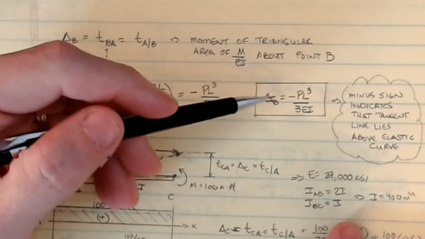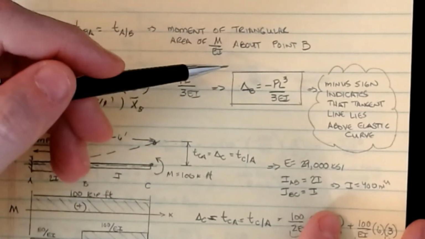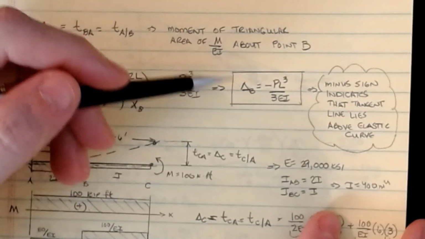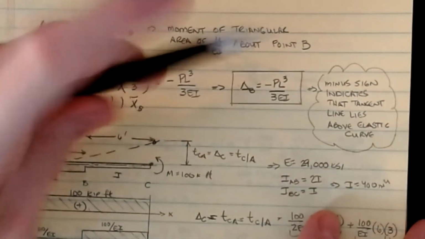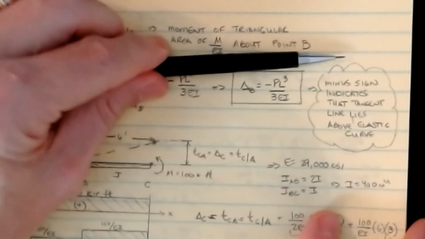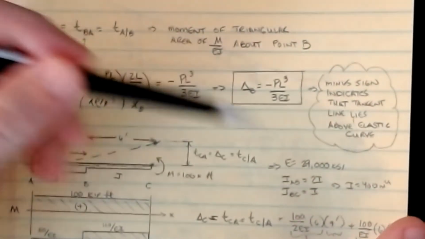What this tells you is that the tangent line lies above the elastic curve. The tangent at A was up here and B had moved down here, so the tangent line is above this, or the point is below the reference. That's the idea.